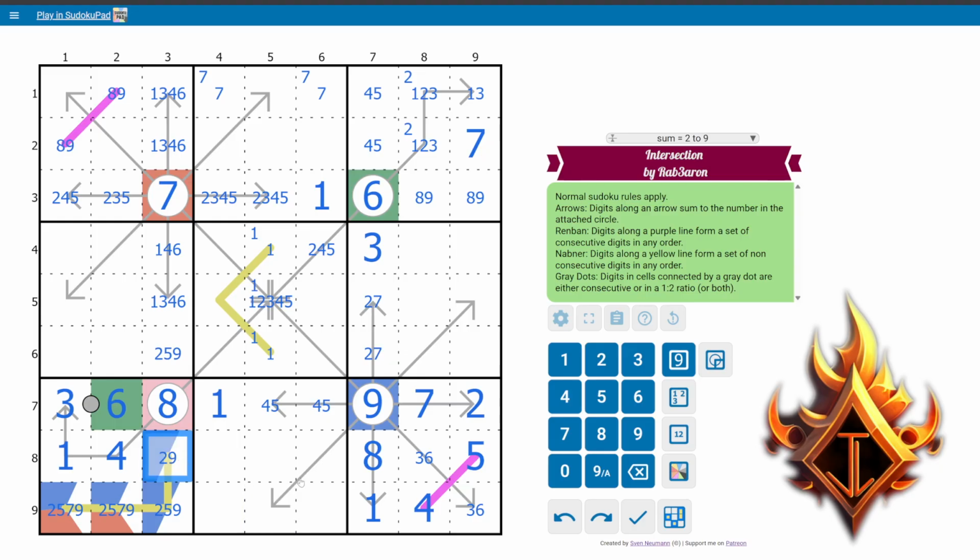That seems okay. 6, 3 would work just fine as well since they're both up there. Sudoku maybe. 5, 4.